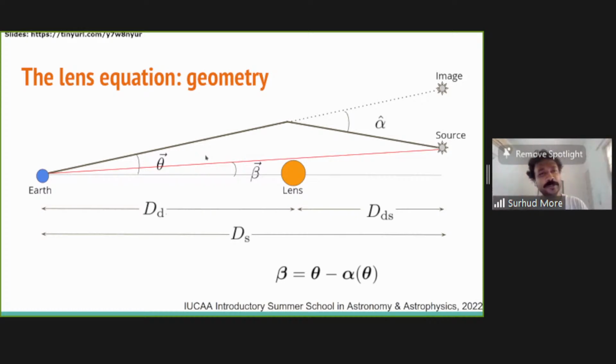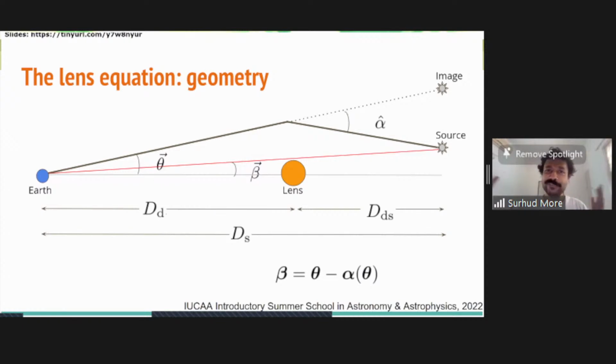The objects which are causing this gravitational lensing, these massive objects, are not just hanging out there in space. There is gravity acting on these objects, and that causes them to move. So maybe you are asking whether the geometry between the Earth, the lens and the source can change as a function of time.